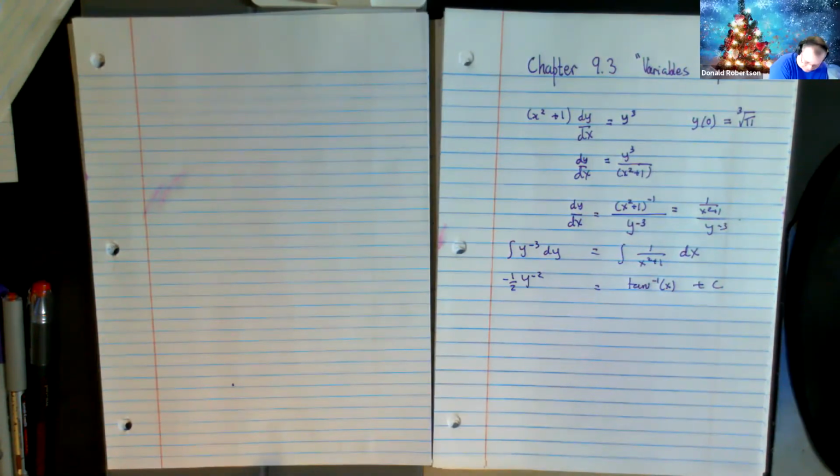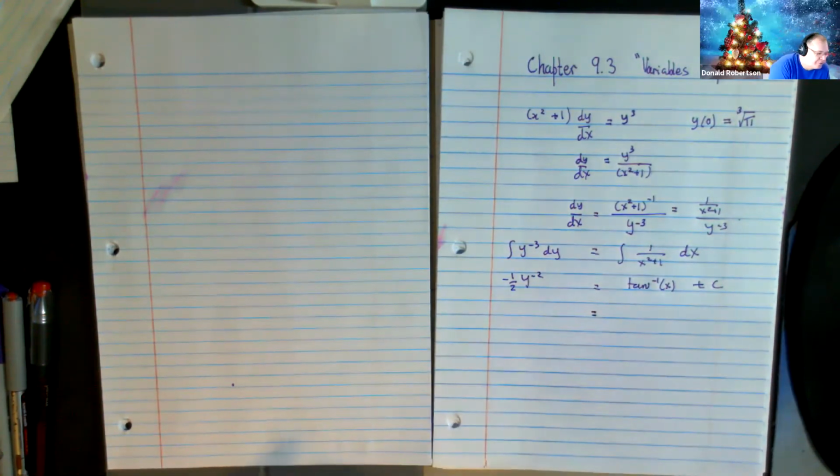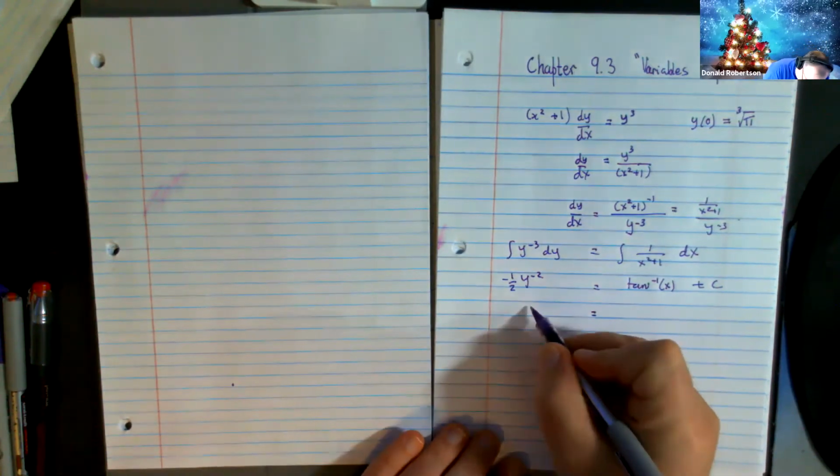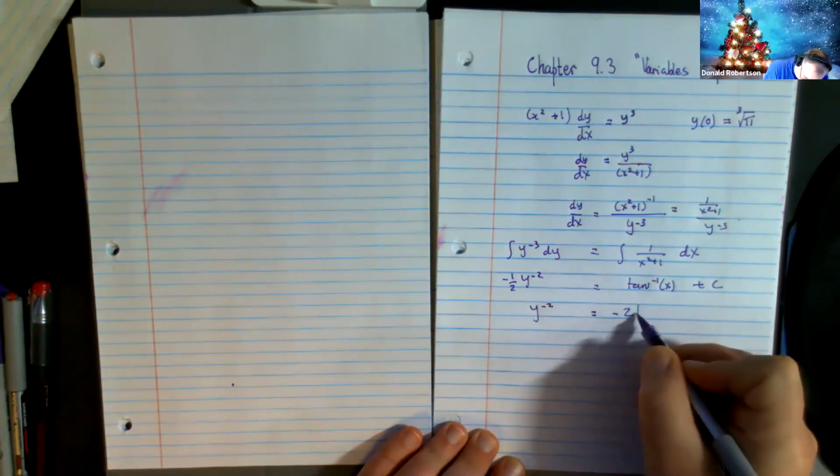We just know what that is. Can this equation be written as y equals? So we've got to make it y equals. So multiply both sides by -2.